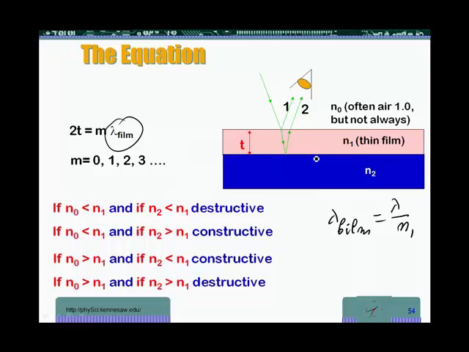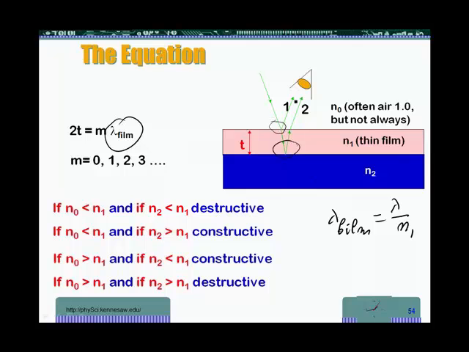Now, if n2 is smaller than n1, meaning that the light is going to speed up when it gets to this medium, then beam 2 is not going to undergo a phase change upon reflection here. So we have only one phase change that happens here. Remember that there is no phase change upon transmission. The phase change happens only upon reflection.